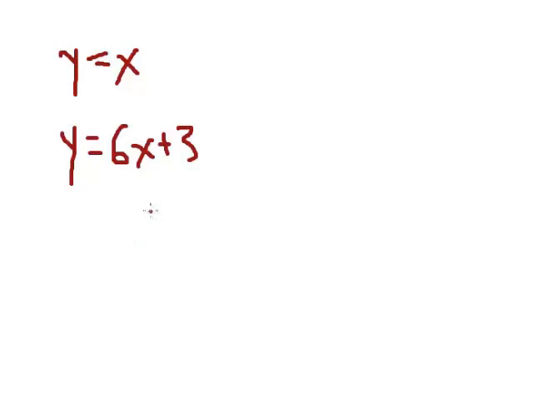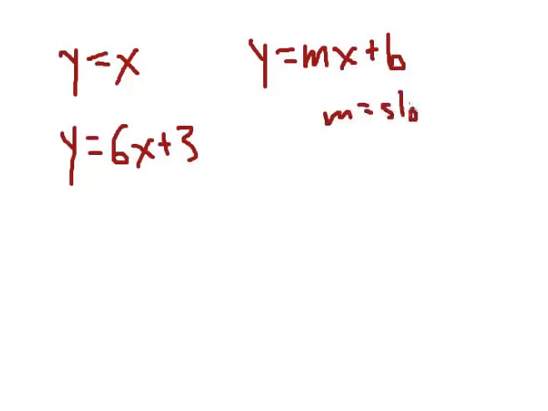First of all, equations have to have a y and x value, obviously. Second of all, you want to make sure that all equations are in this form: y equals something x plus or minus something. That is what is known as y equals mx plus b form. M is what is called the slope, and b is the y-intercept.